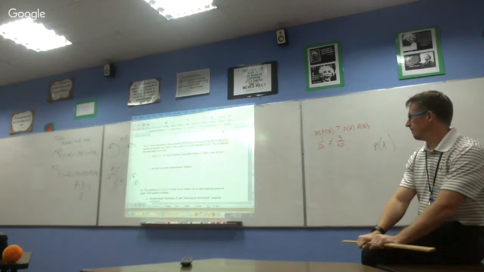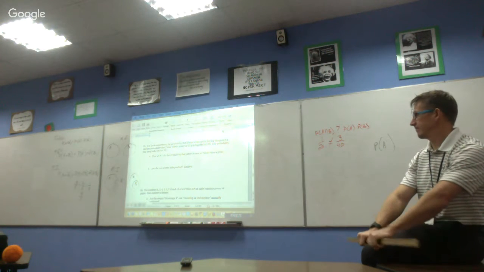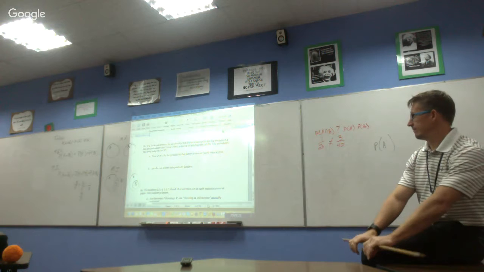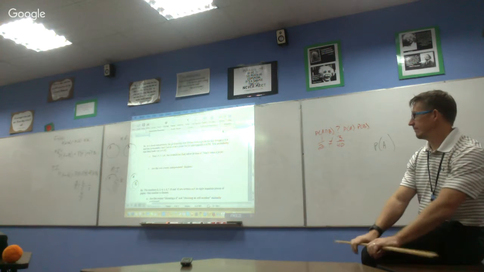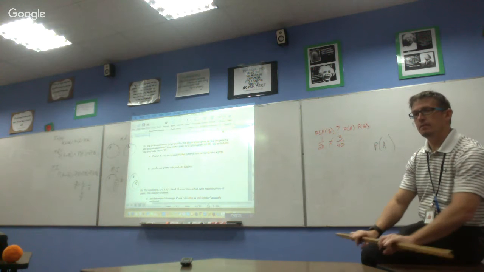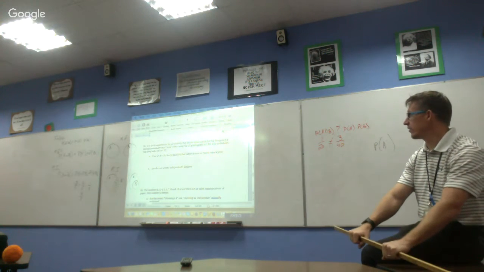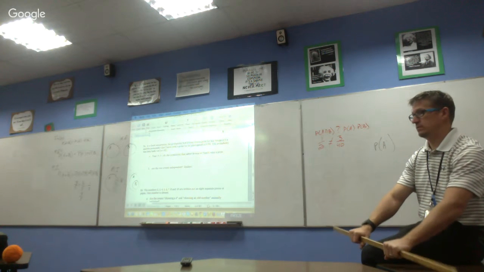Well, what is the first thing to say? How do we find the probability that either Brianna or Tanvir wins?